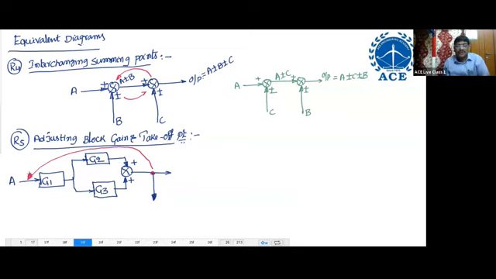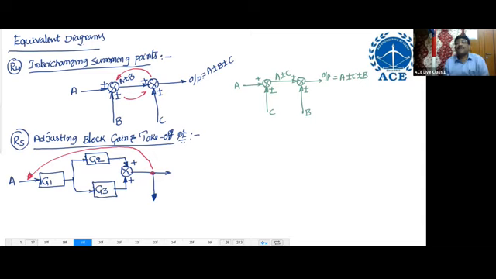Come on, do it. Shift the take-off point ahead of all these blocks and draw the equivalent block diagram. What is the principle here?